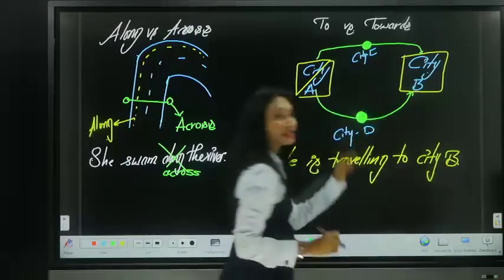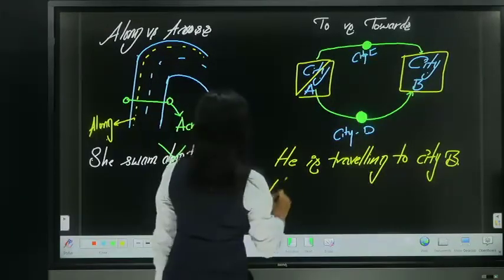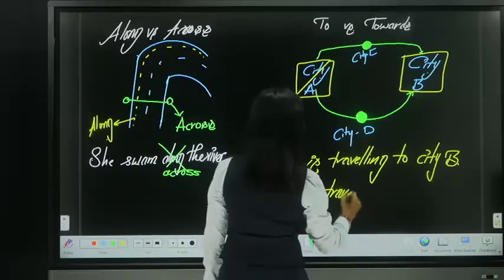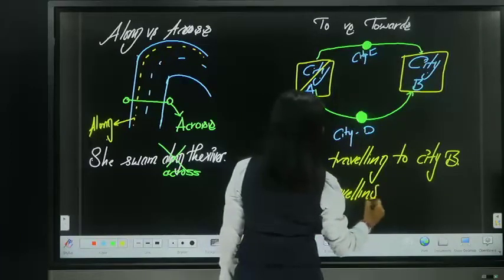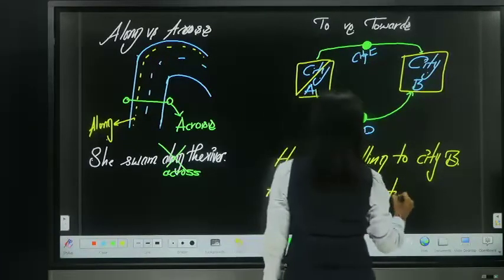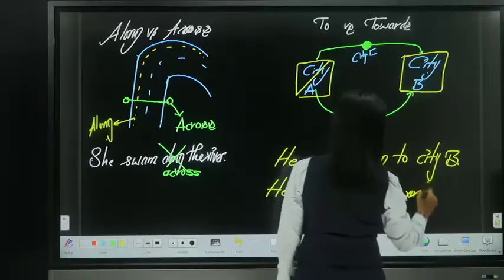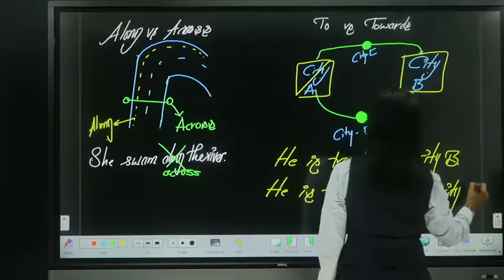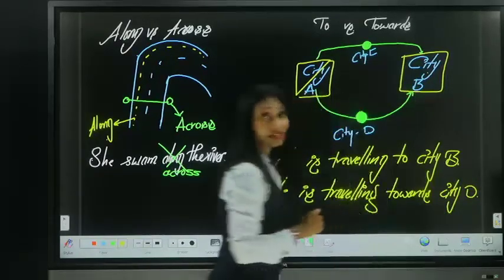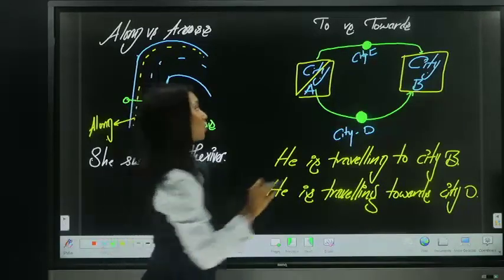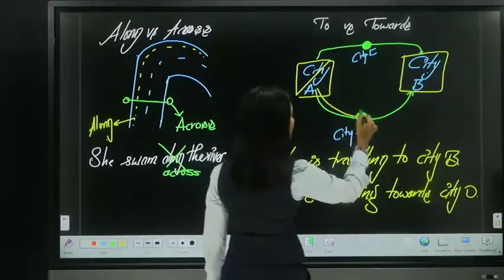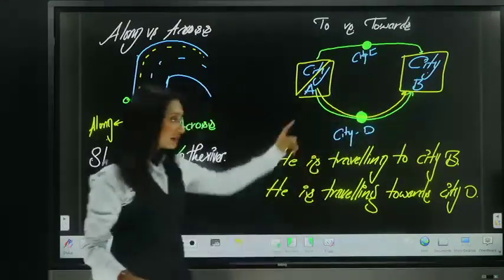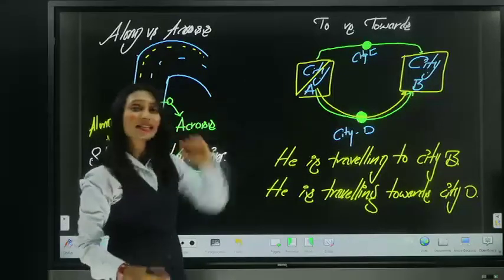His destination is city B. But he is traveling towards city D. That means, is city D his destination? No, he is traveling towards city D. That means city D is not the destination. That is the way he has taken.